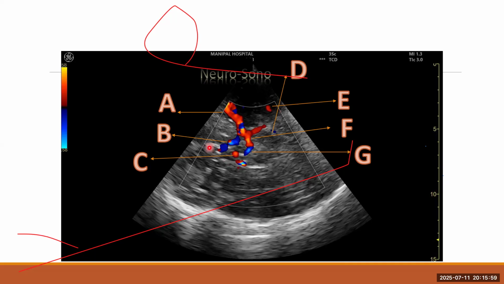Okay. D is P1, ipsilateral P1. It is blue. Ipsilateral P2.